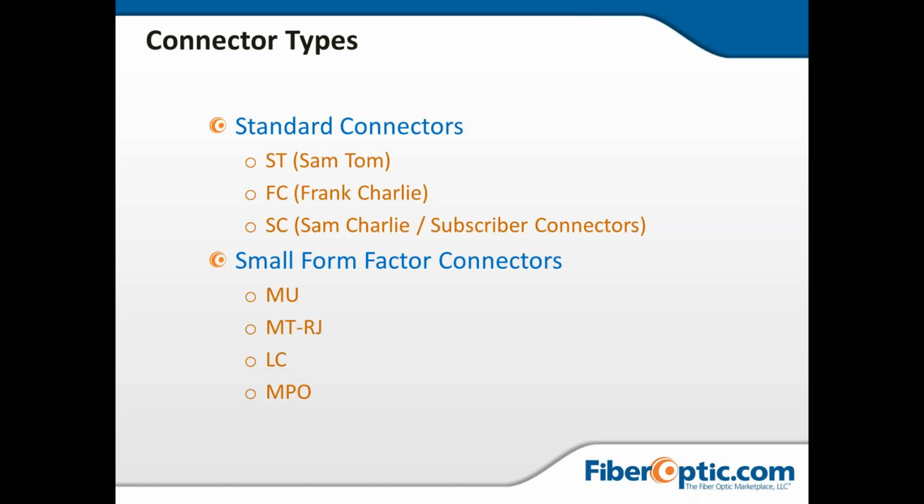The LC, which was popularized by Lucent and brought into this world by Lucent Technologies, is, like I said, just the little brother or sister of the SC. Very, very similar, but the LC is 1.25. Looks similar, just half the size.